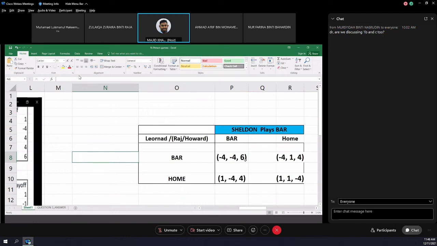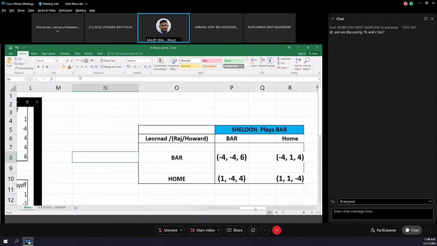So the second one, if Leonard plays bar, Raj or Howard plays home, and Sheldon plays bar. Leonard does not like Sheldon, although they are roommates, but Raj and Howard prefer to stay at home.